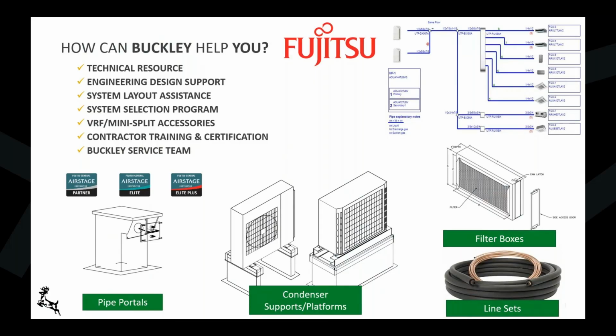We'll also send you a detail that you can use in your plans that lists these condenser supports and platforms. Typically, you are probably pretty familiar with the quick slings and the Bigfoots out there that are used to mount these condensing units. What Buckley has done is come up with a kind of modified equipment support and curb, which is a lot more economical and easy to install.